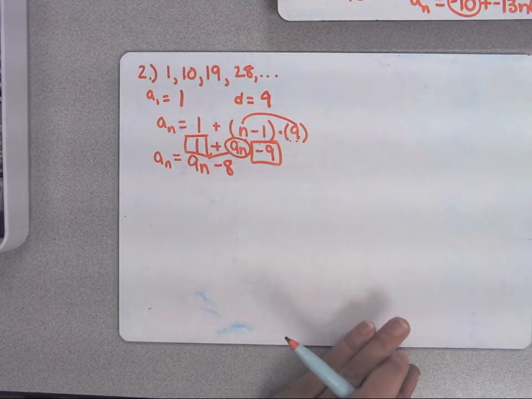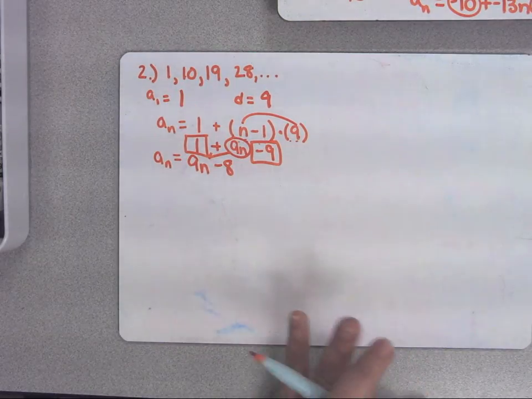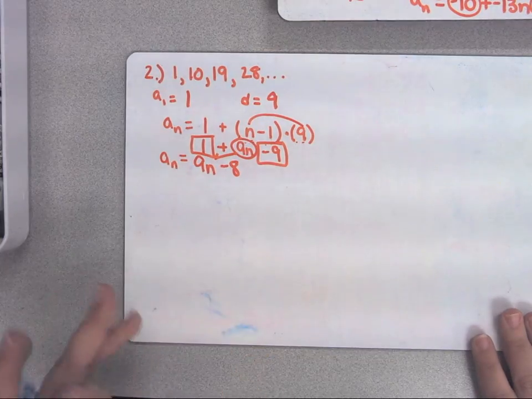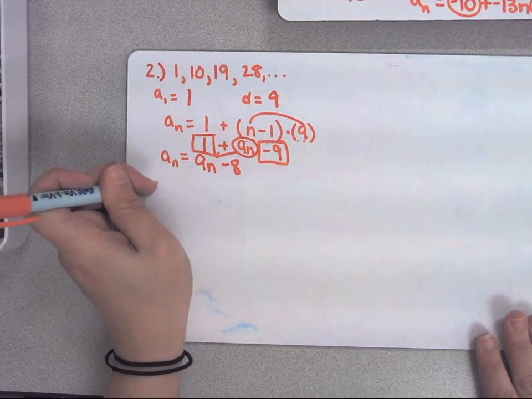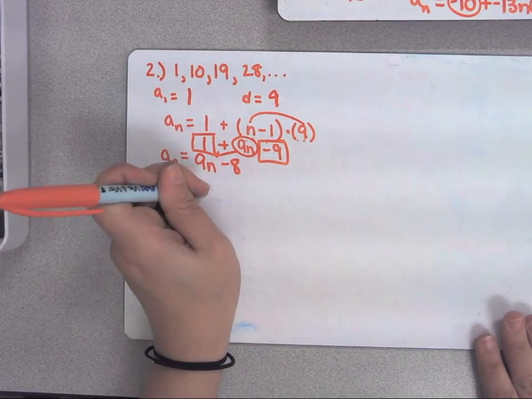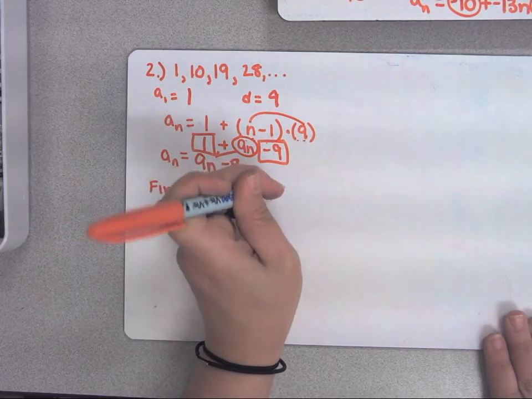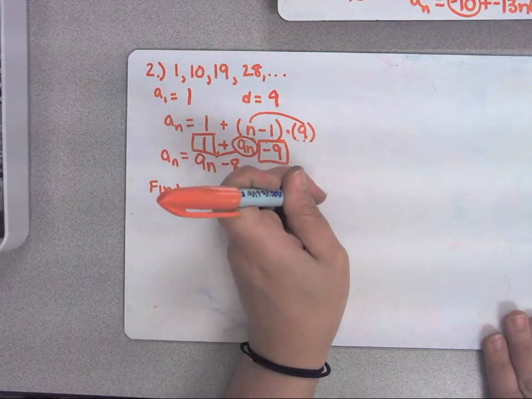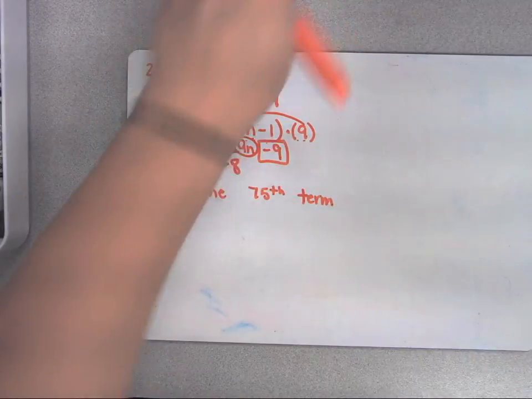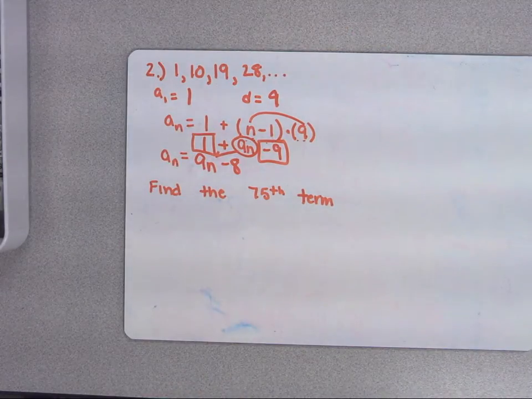Now, the other part of these questions is, once you have an equation, it's going to say, find, and I'll pick a number, the 75th term. So now you actually have to do some math. A calculator is very much needed at this point. So it says find the 75th term.